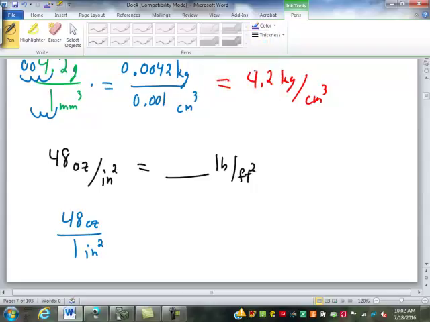Now in the metric, we just moved the decimal places. We didn't need to do conversion factors. Here, we're going to have to do our conversion factors. So let's get rid of ounces first. We'll put ounces on bottom so they cancel out. What's going to have to go on top? What are we going to try to change ounces into? Pounds. So pounds goes on top. What's the relationship between ounces and pounds? 1 pound equals 16 ounces. Good. So there the ounces will cancel out.